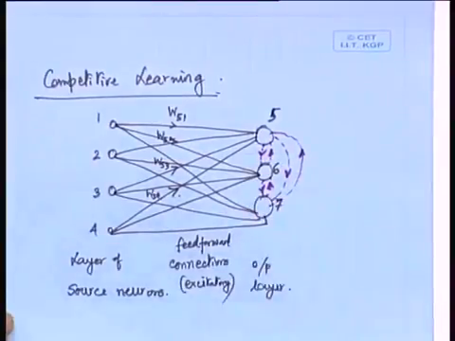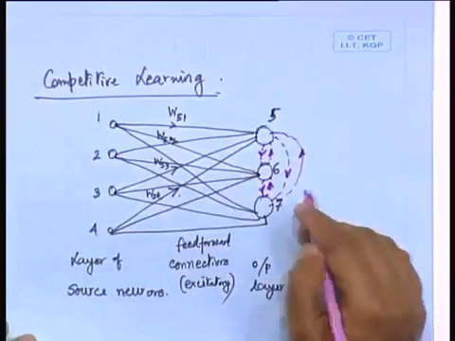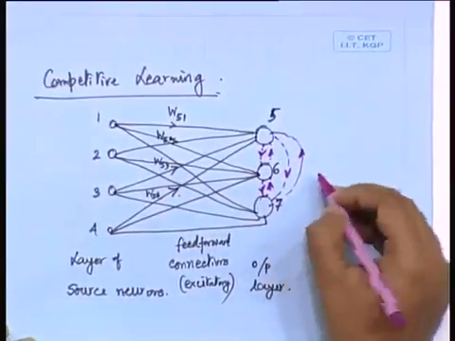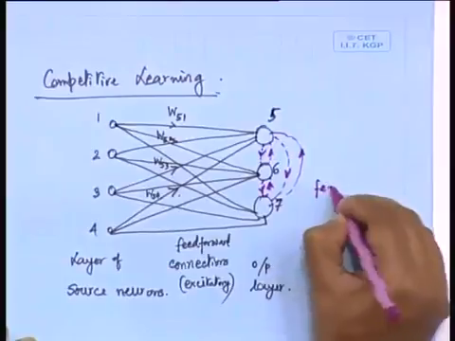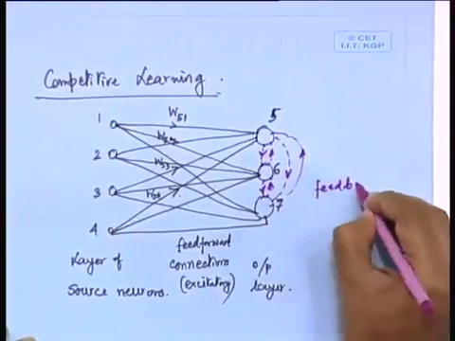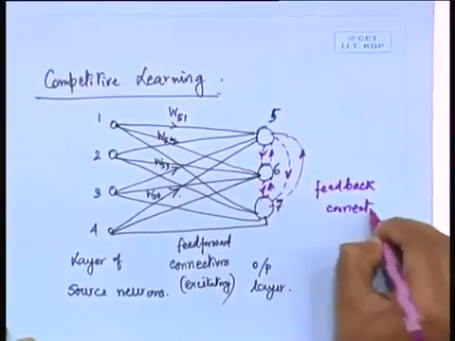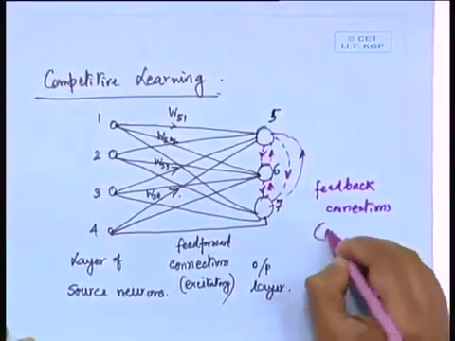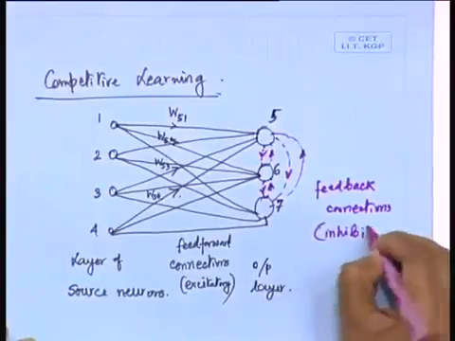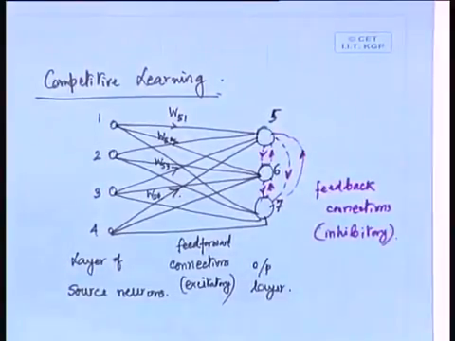All these feedback connections I have drawn with a dotted path and a different color of pen, and they are going to be inhibitory in nature. That means the competitors never support themselves. They only try to weaken the other competitors.